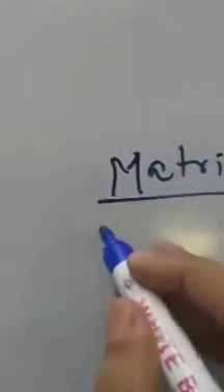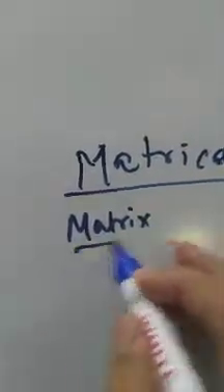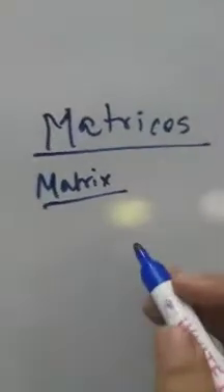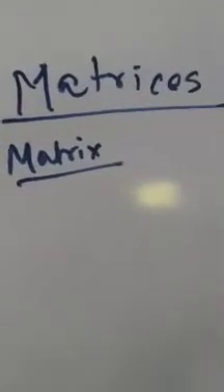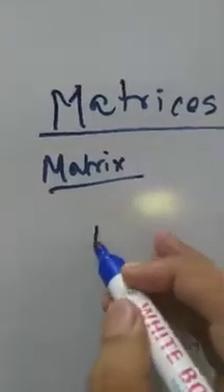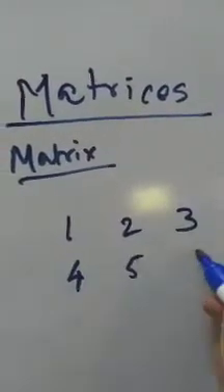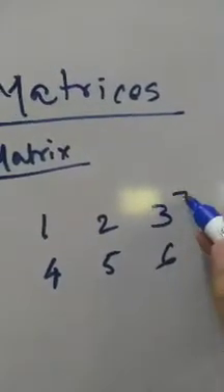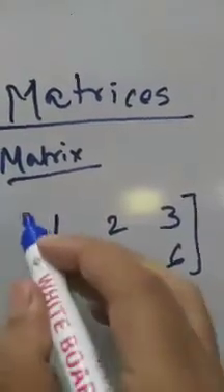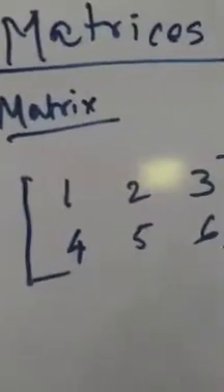What is a matrix? The plural form of matrix is matrices. A matrix is the rectangular arrangement of numbers in rows and columns enclosed by a square bracket or parenthesis. Like if I write 1, 2, 3, 4, 5, 6 and enclose it with a square bracket or a parenthesis, then it is called a matrix.